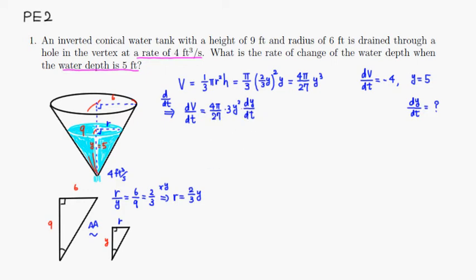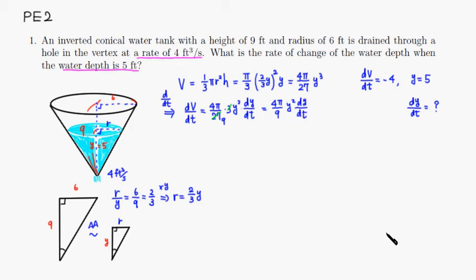Cleaning that up, the 3 and the 27 cancel out, leaving 9, so you get 4 pi over 9 y squared dy over dt.